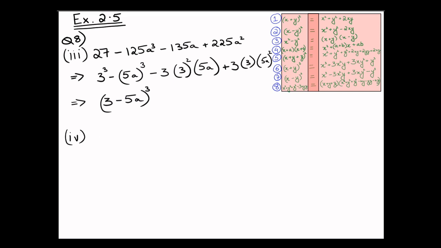Moving to the fourth part, we have 64a cube minus 27b cube minus 144 a square b plus 108 ab square.